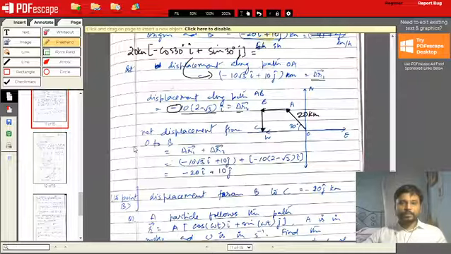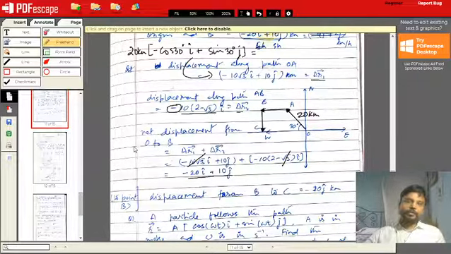Adding these, we get minus 10 into 2, that is minus 20 i cap. And you would see that plus 10√3 and minus 10√3 simply cancel out. So the terms remaining are minus 20 i plus 10 j. That is the net displacement of the particle from O to B.